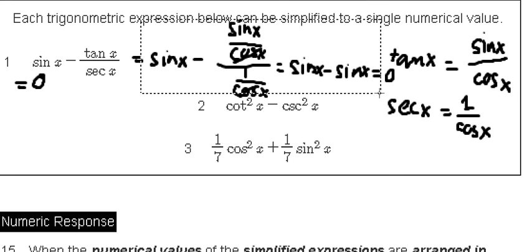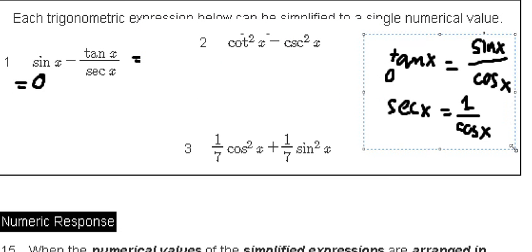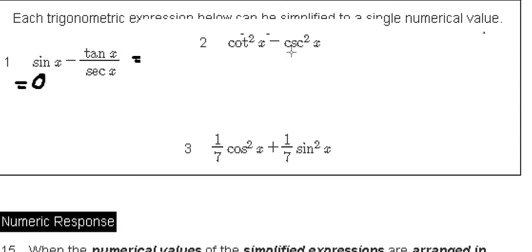Now let's go to the next one, number 2. So in this one we can see that cot x squared is the same as cosecant of x squared minus 1.